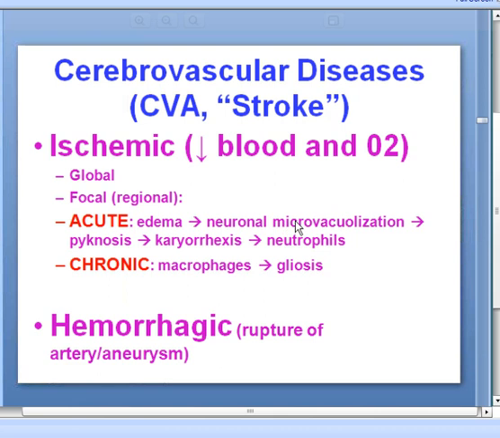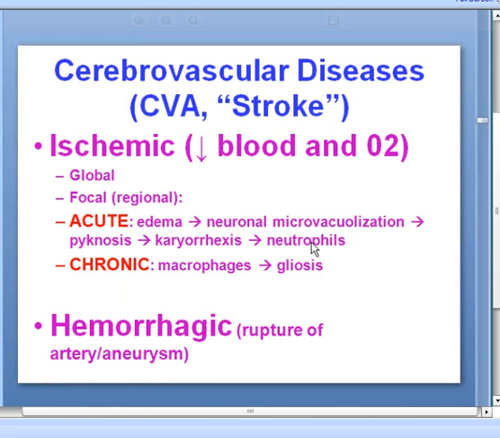Then you could get some changes in the neurons and microvasculature: red neurons, karyorrhexis, karyolysis. And then you could have infiltration of cells to eat up all of this dead garbage, and usually it's neutrophils. Those are the acute histologic changes in an ischemic CVA.